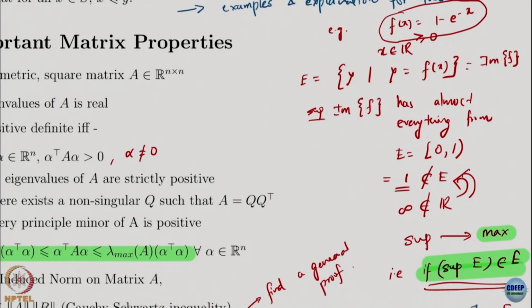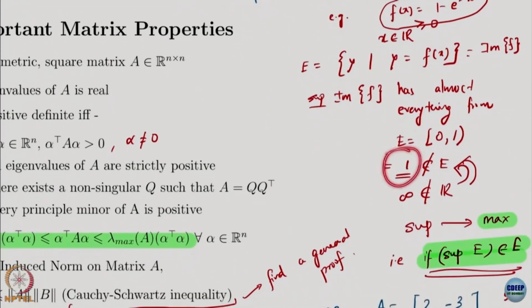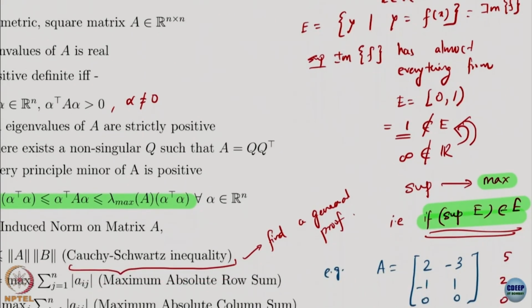So what is the supremum? 1. But it is not contained in E. When the supremum is contained in the set, you can just replace the sup notation with the max notation.